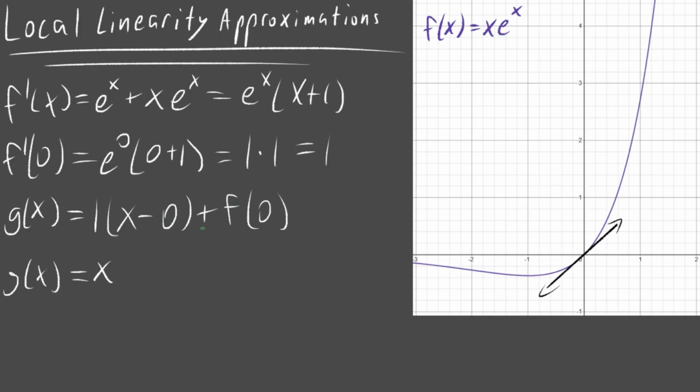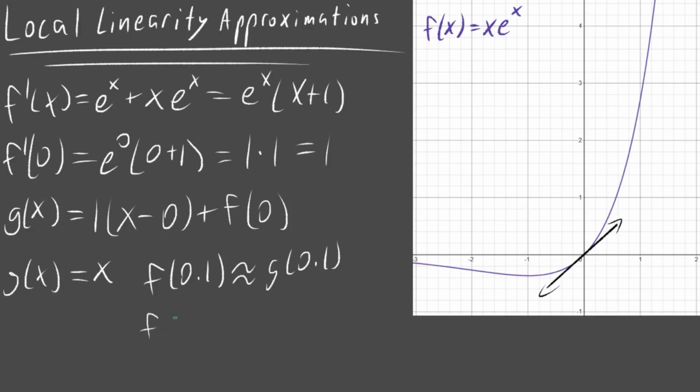So okay, I can say that f of 0.1 is going to be approximately the same as g of 0.1, just because of how they kind of behave the same around 0. I actually made this really easy for myself by accident, but g of 0.1, that's just x, right? That's 0.1.